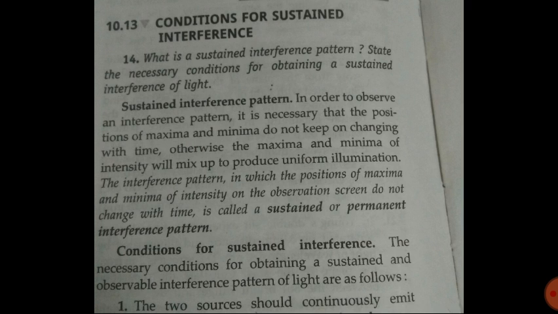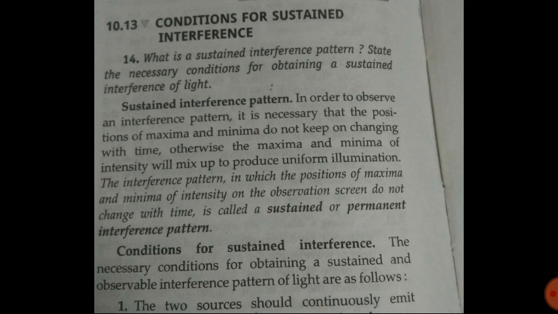In order to observe an interference pattern, it is necessary that the positions of maxima and minima do not keep on changing with time. They should stay at their place. Otherwise, maxima and minima of intensity will mix up to produce uniform illumination and we will not have the interference pattern.